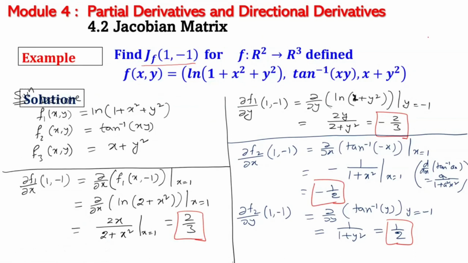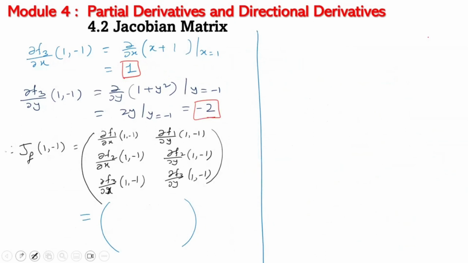So we got 2 over 3, minus 2 over 3, minus half, half, and here we have 1 and minus 2.